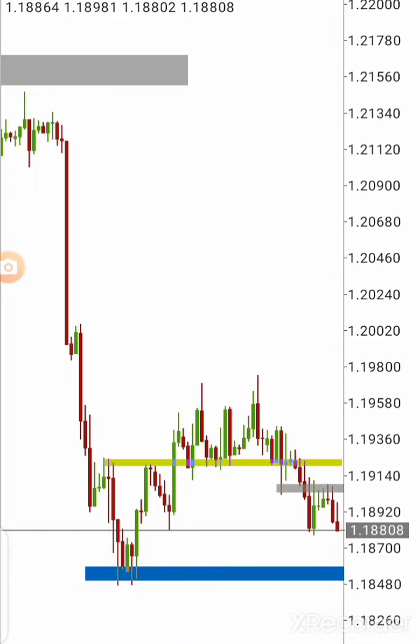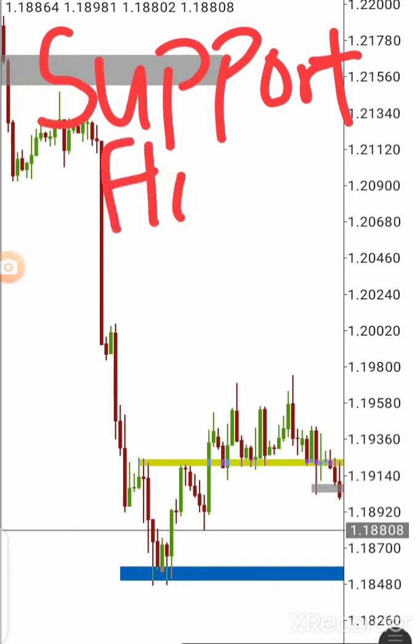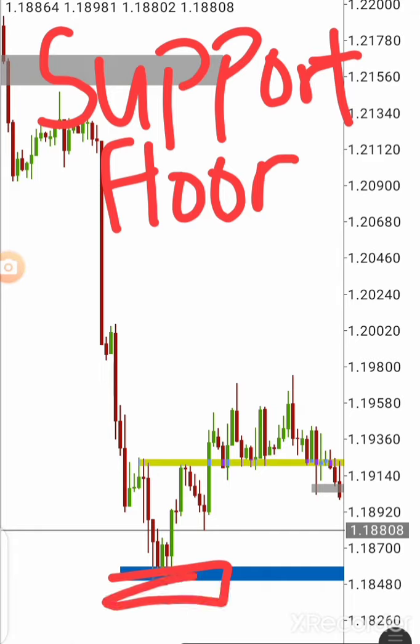Now, what are we seeing? Supports. What we call support in the market is what we have as price floor. And this is a floor right here, as you can see. That is the floor. I hope you understand.